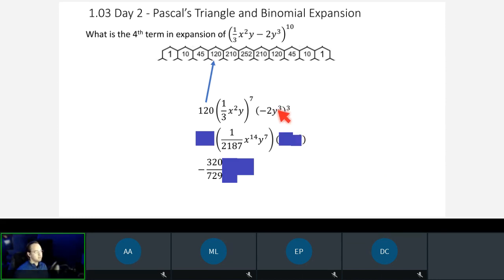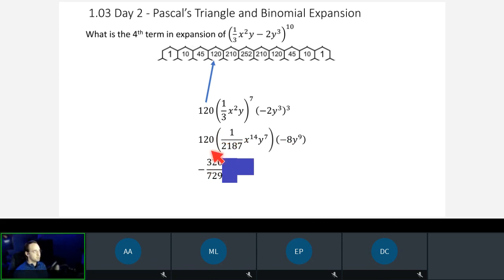All right, so right here, what is -2 to the 3rd power? -8. And then what is 3 times 3? 9. Yep. That 120 carries down. And then we just put stuff together. So for the number part, 120 times this fraction times -8 gives you this number here.